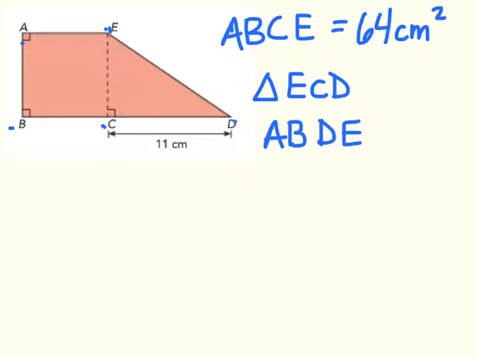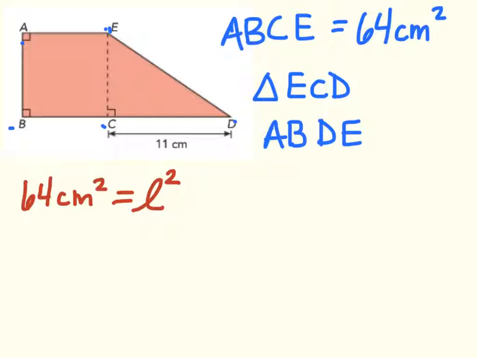Okay, so let's figure out how to break this down. Use the information we know to calculate what we don't know. First, the area of square ABCE is 64 centimeters squared. We know that because this is a square, each side length must be of identical length. So 64 centimeters squared is going to be equal to length squared, or length times length.